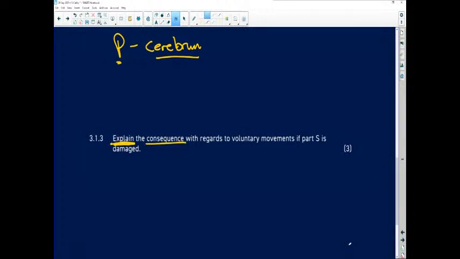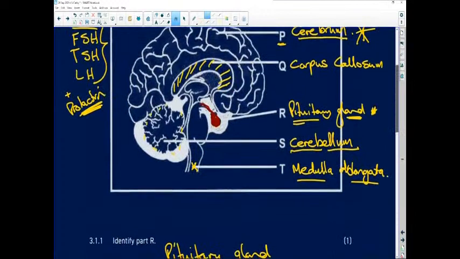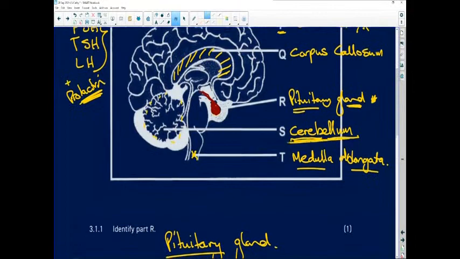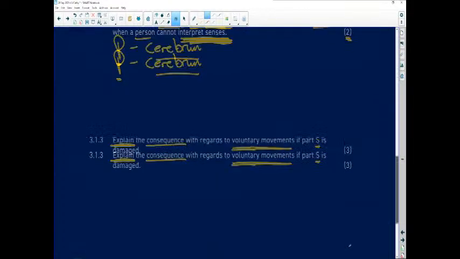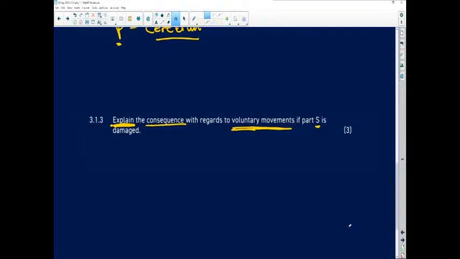So explain the consequences with regards to voluntary movements if S is damaged. Okay, so let's quickly check what S is. It's the cerebellum. Now remember, the cerebellum's job is balance, equilibrium, and muscle tone. So let's say the cerebellum is damaged.